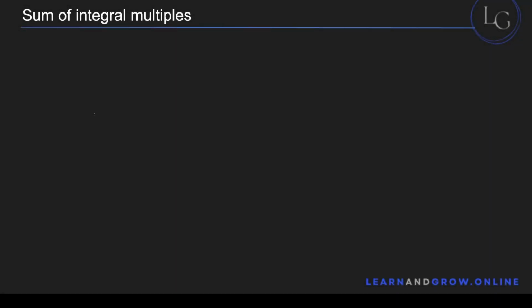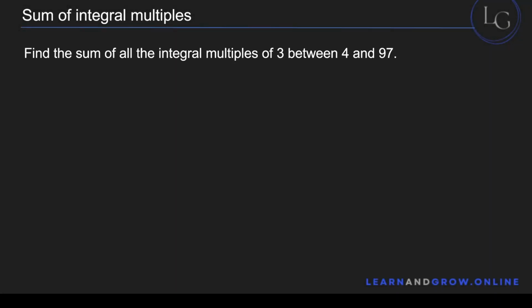Now we have to find the sum of integral multiples. When you have a question worded like this, you need to see carefully what it actually requires. The question says to find the sum of all the integral multiples of 3 between 4 and 97.